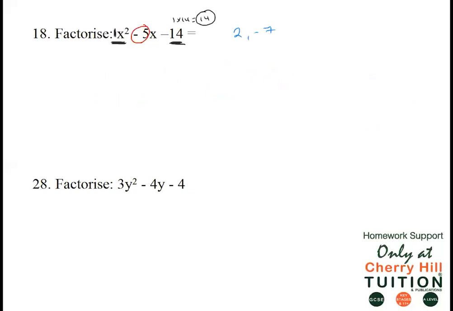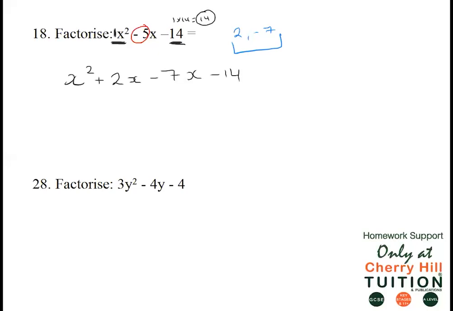Now we need to rewrite this equation by substituting these numbers in. Let me show you how I will write this: x squared minus 2x, plus 2x minus 7x minus 14.